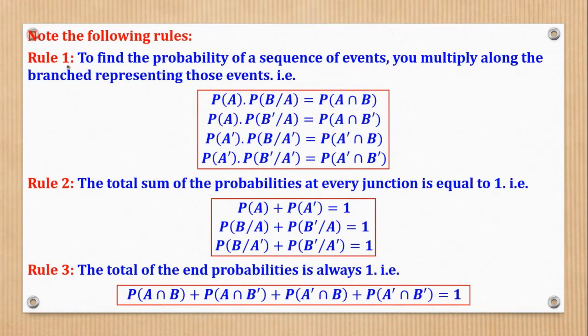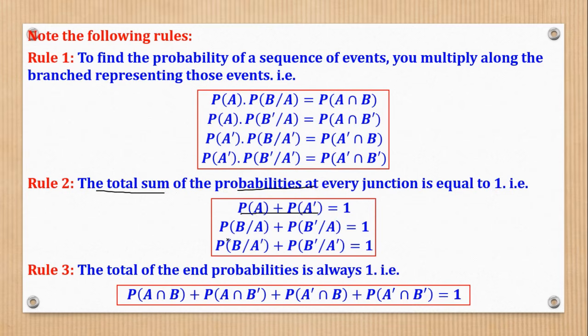So these are the rules we need to follow when dealing with tree diagrams for dependent events. One is that to find the probability of a sequence of events, you multiply along the branches representing those events, just like we saw here. Then for rule 2, the total sum of the probabilities at every junction is equal to 1.